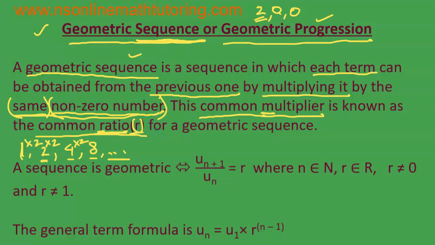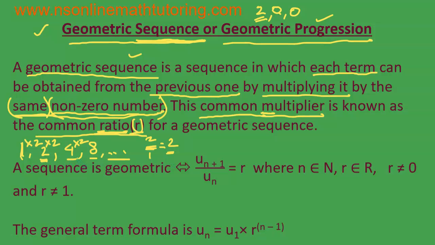But where is this common ratio part coming? In these 4 terms? Okay, let us take the second term divided by the first term. What is that equal to? Second term is 2 divided by the first term 1. 2 divided by 1 is equal to 2. So, we are getting 2 by dividing the next term by the previous term.